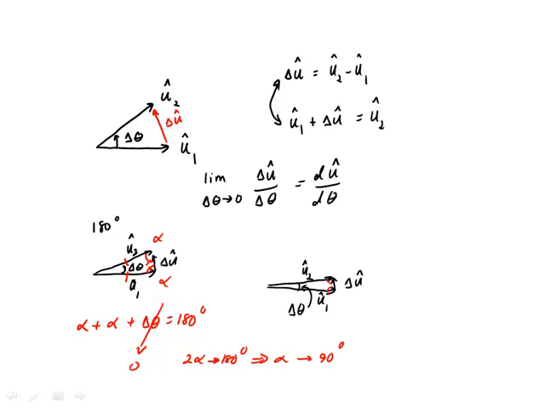And so what I can say then is that the limit, going back to this line, the limit as delta theta approaches 0 of delta u over delta theta, as that gets smaller, that's a derivative, and this is going to be a vector perpendicular to u. It's going to be a vector perpendicular to u.